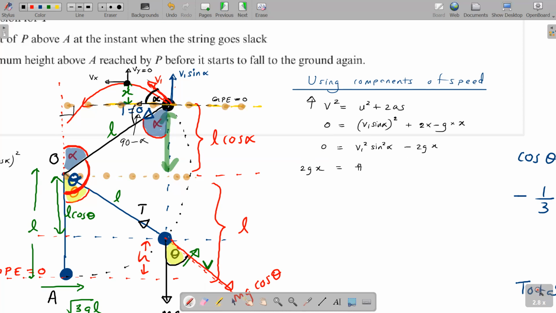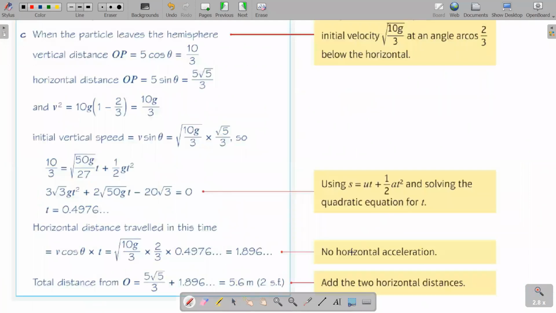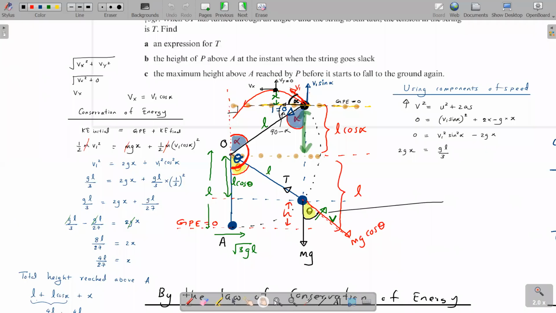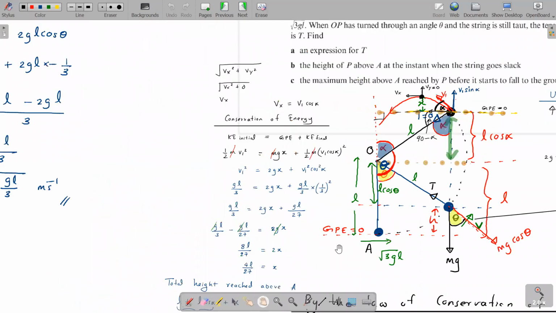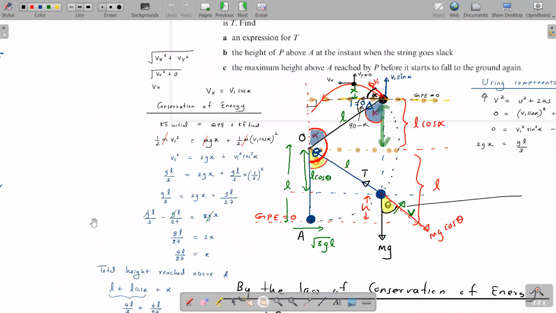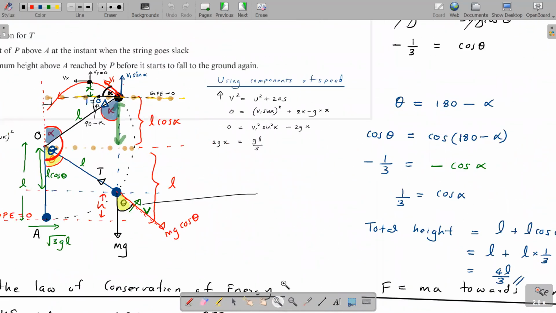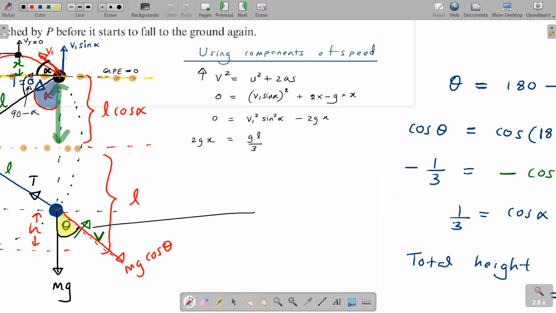V1² was GL over 3, right? Am I correct? Yeah, I think our V1² was GL over 3. So GL over 3 sin² alpha, guys.